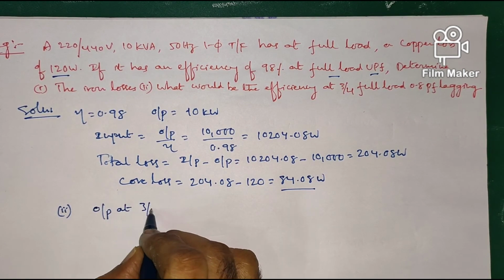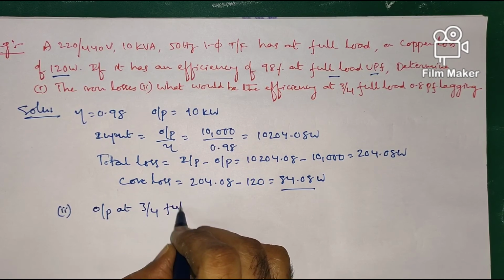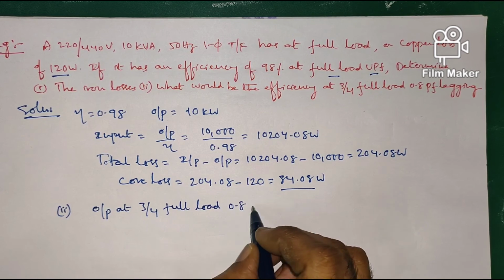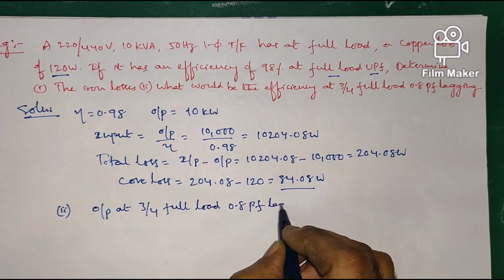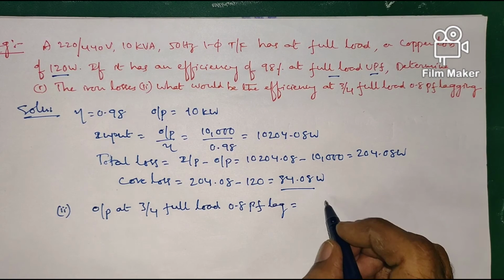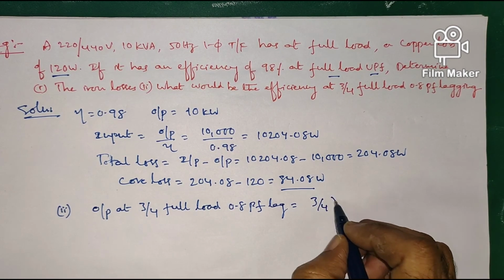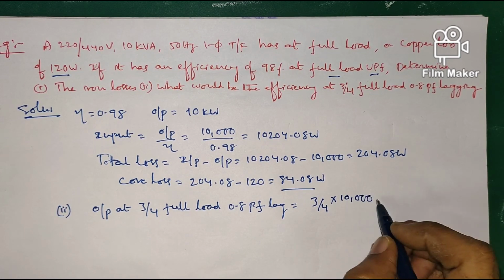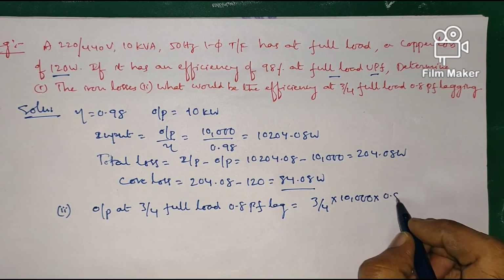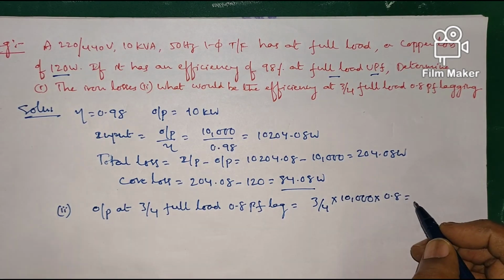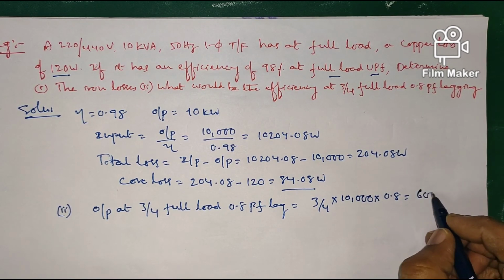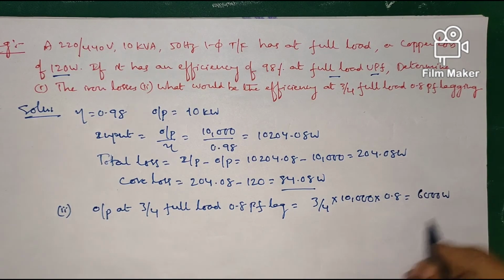Output at 3/4 of full load and 0.8 power factor lag is given by 3/4 into the full load kVA, 10,000, multiplied by the power factor 0.8, which will give us 6,000 watts.